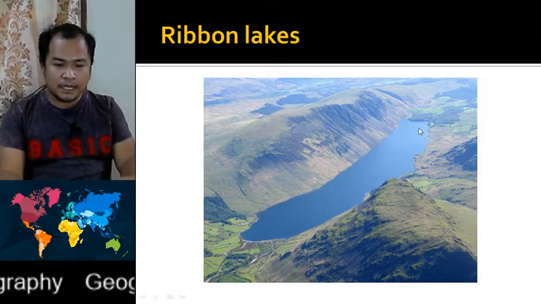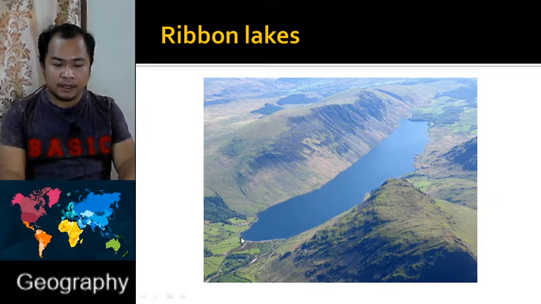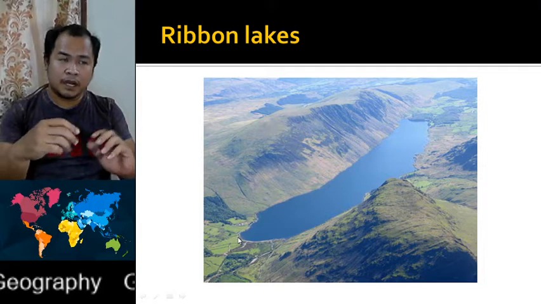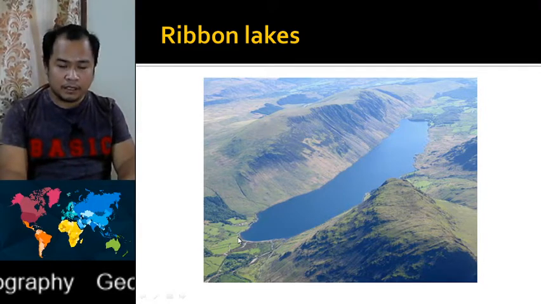The reason why this is happening is because this area here is created by softer soil or land, while the areas on the tip of the lake may have a harder or less eroded land.